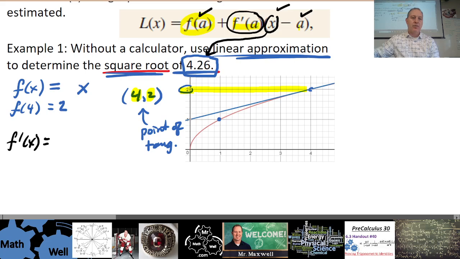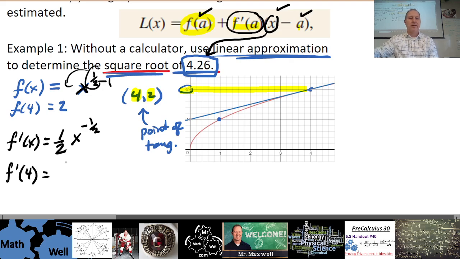Root x is the same as x to the 1/2, isn't it? So this is going to be 1/2 x to the negative 1/2. Drop this down, subtract 1, and so here we go. Now, I need to find f prime of 4. So I have 1/2 times 4 to the negative 1/2.